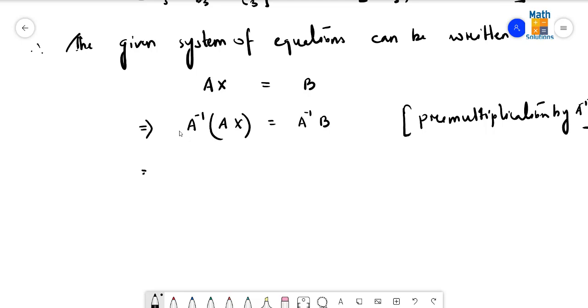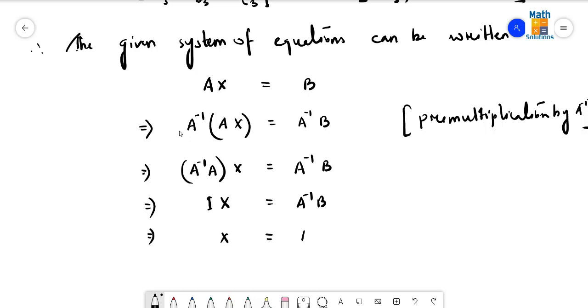After this, A inverse A is kept together, keeping X aside, equal to A inverse B. We know that A inverse into A is the identity matrix I, so I X equals A inverse B, and this implies X is equal to A inverse B.